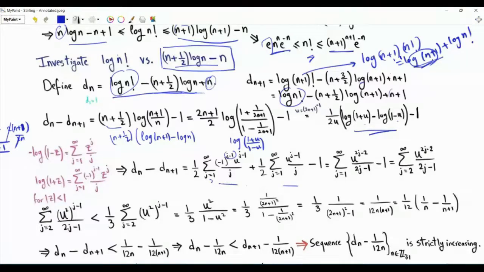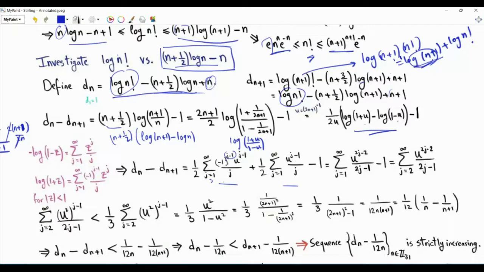So the even terms in these two convergent sums will cancel, and the only survivors will be the odd terms when the index of summation j is odd. In that case, the two terms here will be exactly the same.